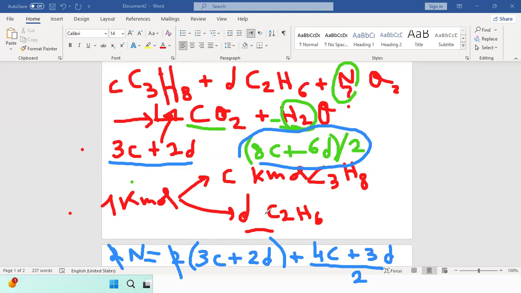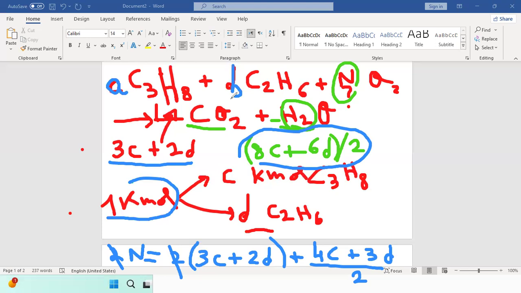But keep in mind, in general, I will specify whether to do the analysis per kilomole of your fuel or per kilogram. If the analysis is per kilomole, we are done. If the analysis is per kilogram, what will only change is the coefficients. Here, we have determined together that for 1 kilogram, we have A kilomole of C3H8 and B kilomole of C2H6.